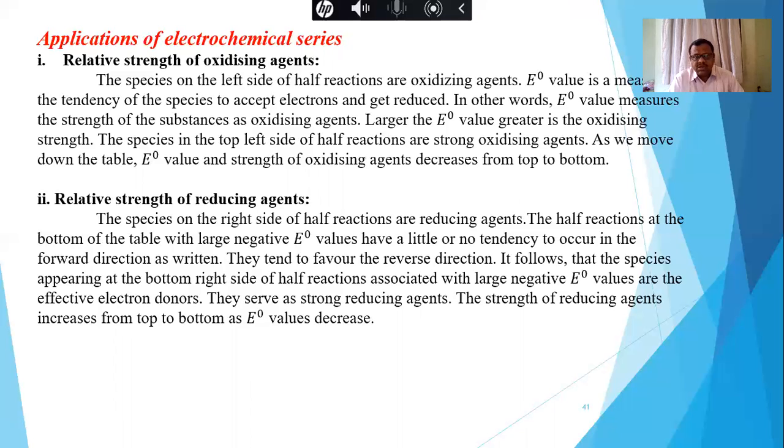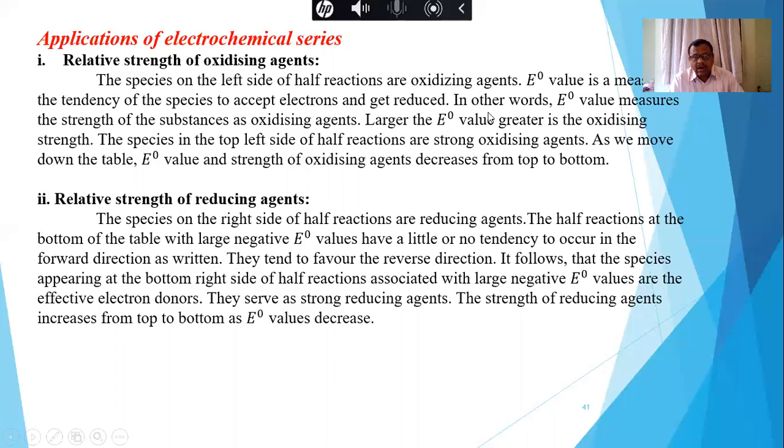Now, the first point is the relative strength of oxidizing agents. The species on the left hand side of the half reactions are oxidizing agents. The E standard value is a measure of the tendency of the species to accept electrons and get reduced.